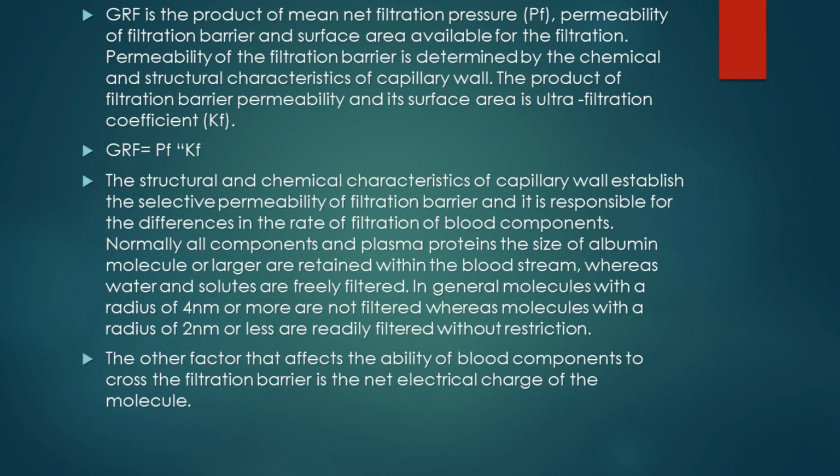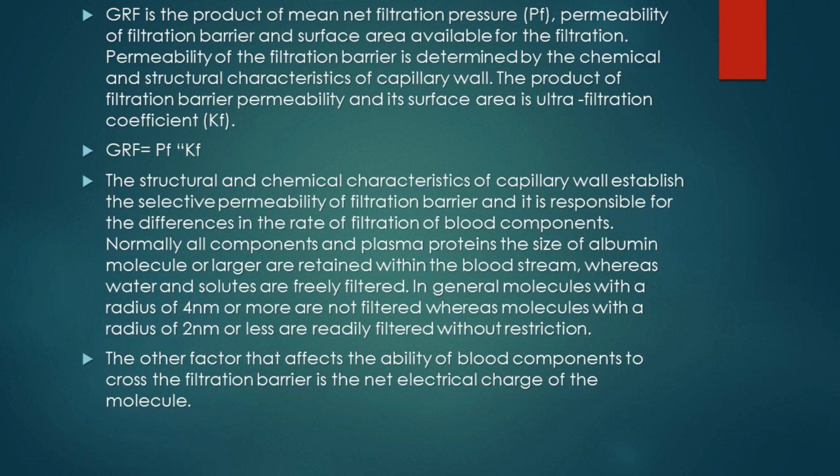These structural and chemical characteristics of the capillary wall make it a selectively permeable membrane. And due to this selective permeability, this capillary wall is responsible for the differences in the rate of filtration of the blood components. As I have mentioned before, the glomerulus doesn't allow the blood proteins, and these proteins are not present in the glomerular filtrate.